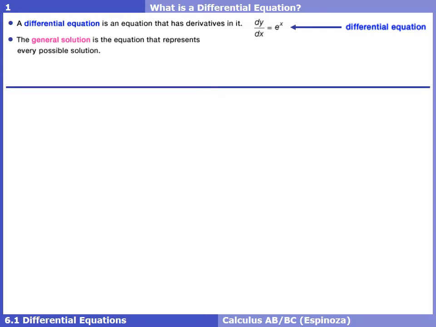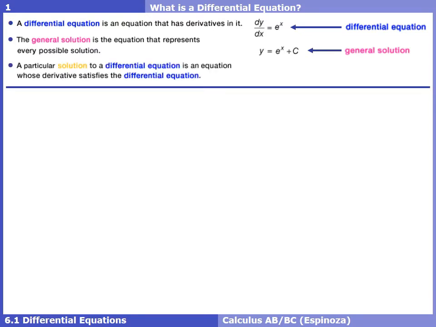So again, if you took the time to look back at the end of 4.1, we solved two problems. One was worded for you to solve for a particular solution. The other problem said to solve the differential equation, which again was just another way of saying to find a particular solution. So if you want to find a particular solution, you would first need the general solution, which is the equation that has that plus c in it.